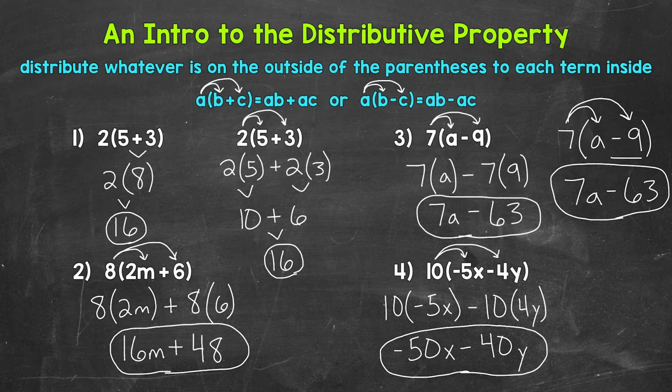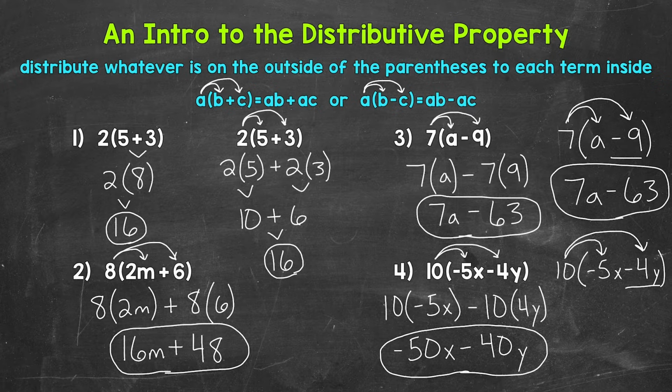Now let's take a look at a different way to think through this. So I will rewrite the expression off to the side. So let's distribute the 10 to the negative 5x, and then we will think of that as negative 4y.